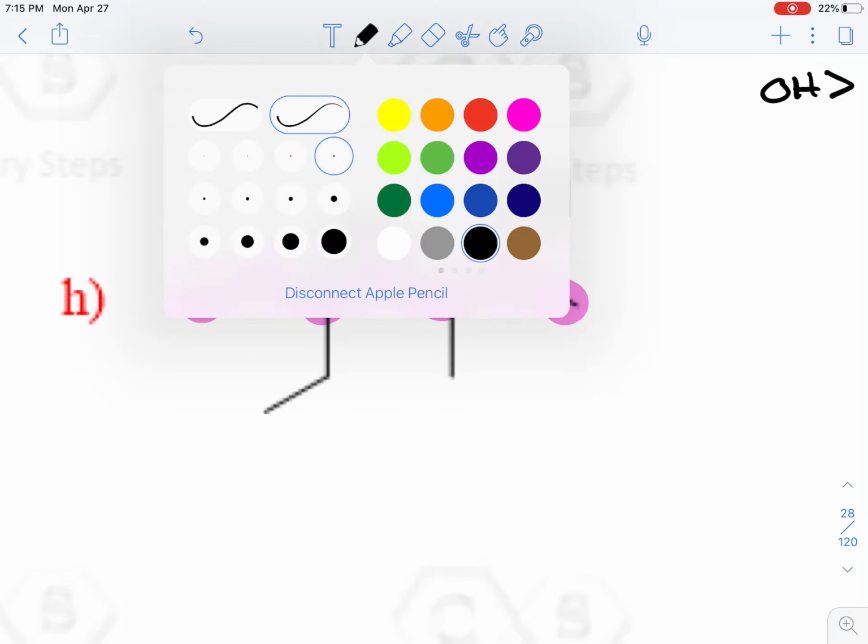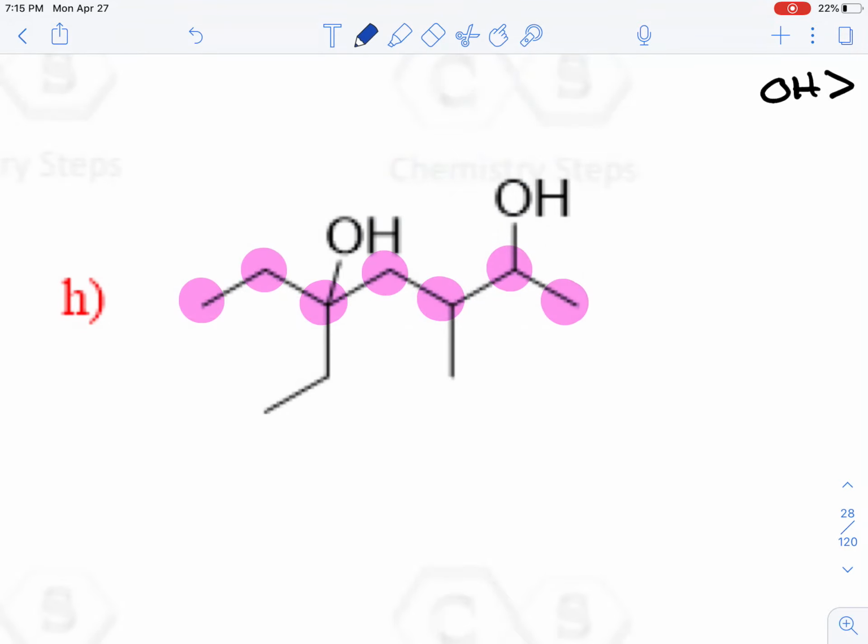And I'm going to go ahead and start numbering this left to right, and right to left. So 1, 2, 3, 4, 5, 6, 7. If I do it in reverse, 1, 2, 3, 4, 5, 6, 7. All right.